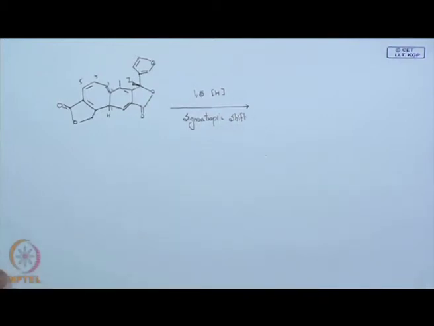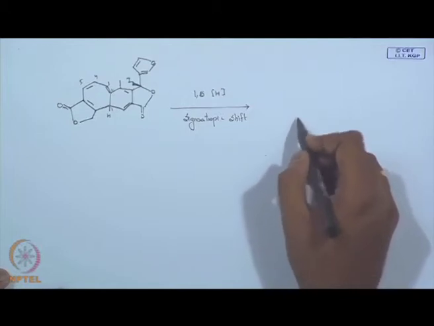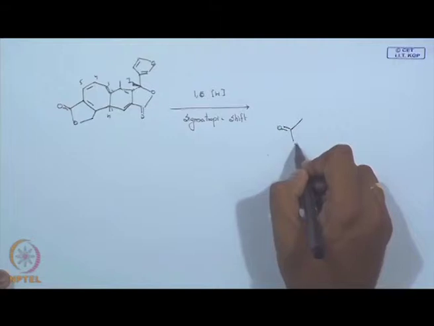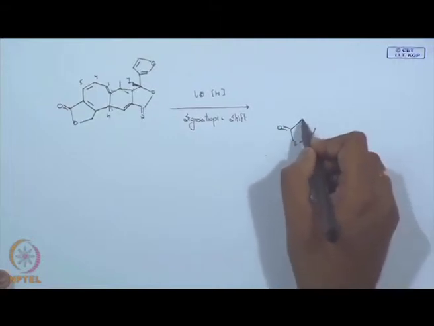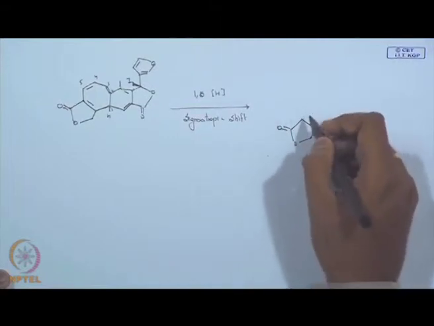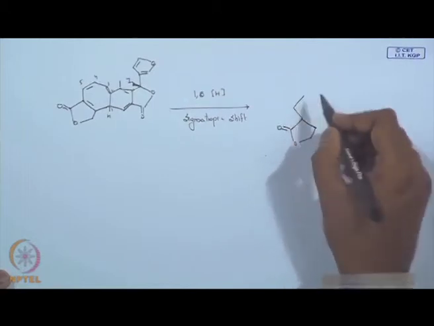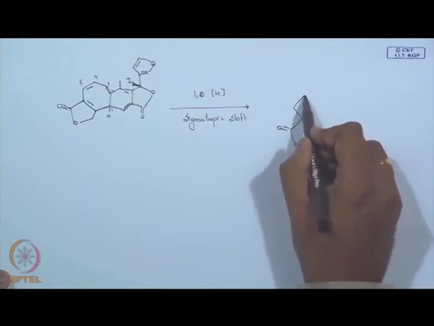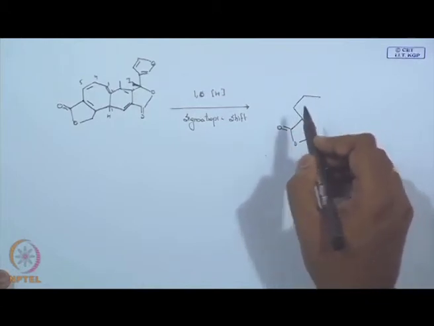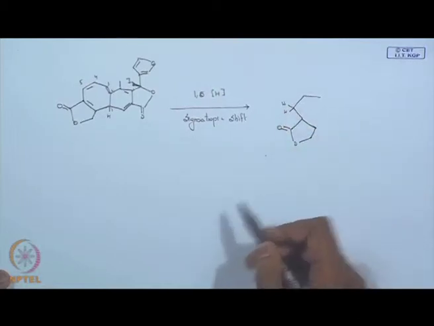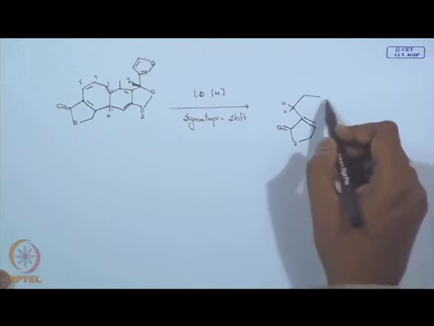Yes? See, I can nicely do another 1,5 hydrogen shift to give me my product. It's a 7-member ring. So this is where my hydrogen gets shifted. Clear? I have my double bond here.